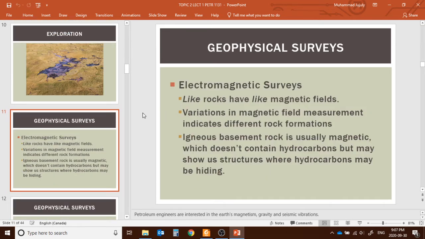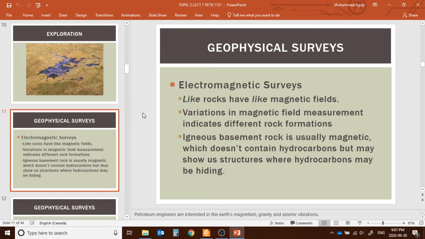Now, except for this visual identification, we have other types of surveys. For instance, the electromagnetic survey. So how does this electromagnetic survey work? Rock has different types of magnetic field. In fact, every type of material has a different magnetic field. For instance, the igneous rock's magnetic field would be very different from the sedimentary rock.